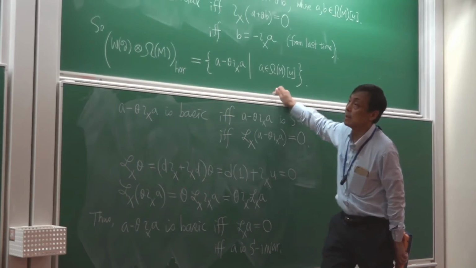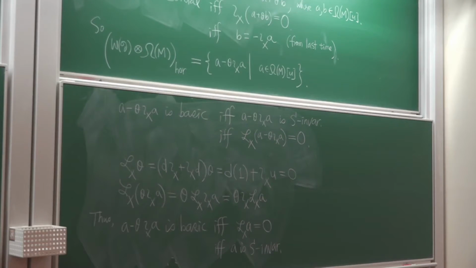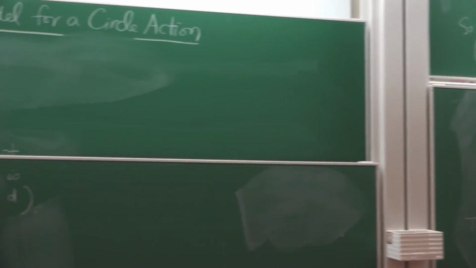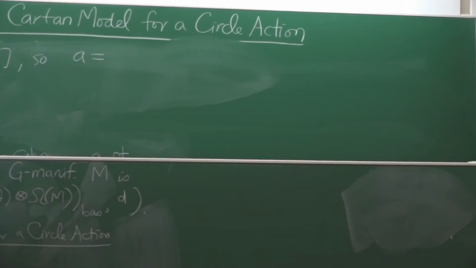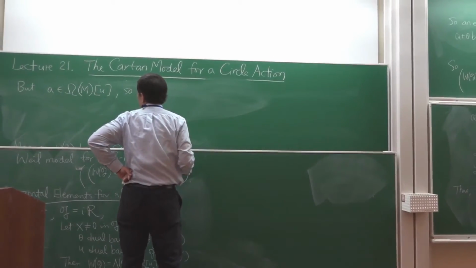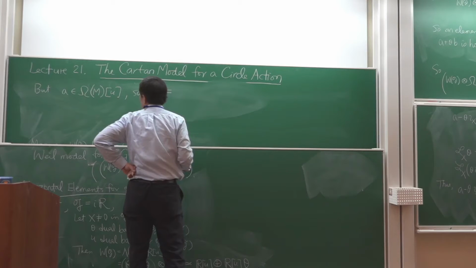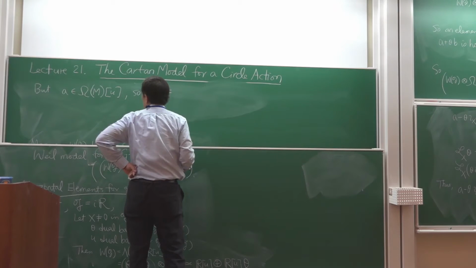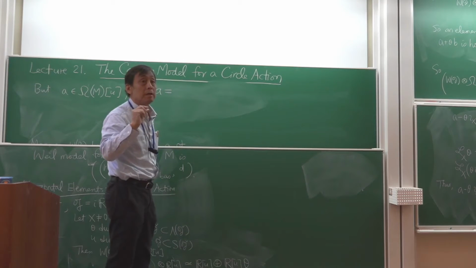Now, A is a polynomial with coefficients in the forms. So A, you can write as, well, it's a polynomial in the U's, right?